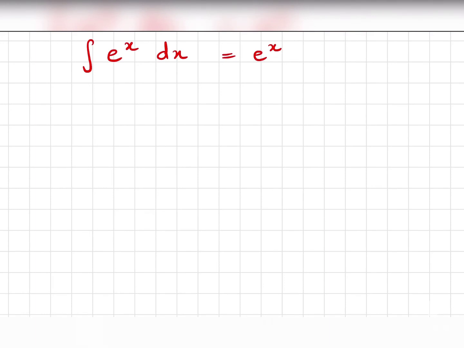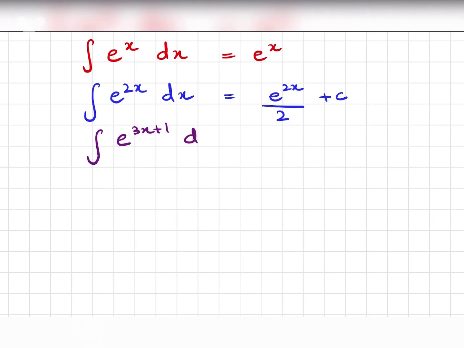Let's do this. Integrate e to the power of 2x with respect to dx. Like I said, write this down first and then divide it by the differential of this, and a plus c. This is your answer. Similarly, if we have e to the power 3x plus 1 with respect to x, we will first write this down, the same thing, and then divide it by 3 and a plus c.